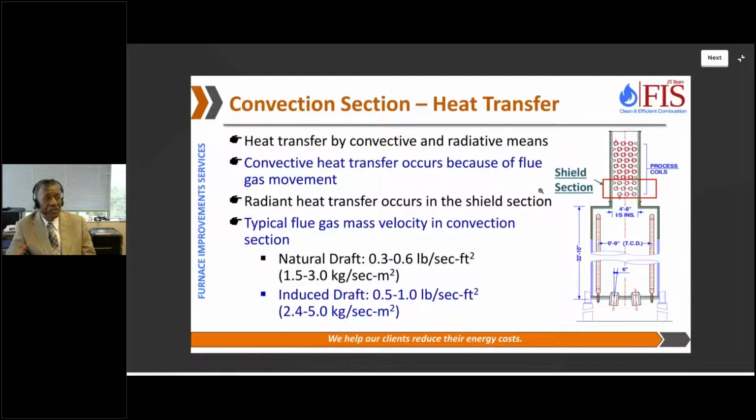So there is radiation heat transfer occurring in the convection section also, just like convective heat transfer occurs in the radiant section. These are the recommended flue gas mass velocities in the convection section. Natural draft 0.3 to 0.6, induced draft 0.5 to 1. That's typically the mass velocities.